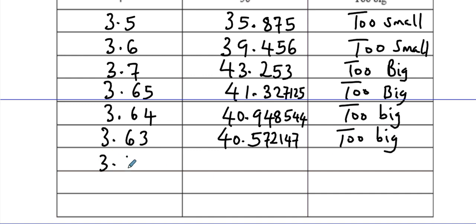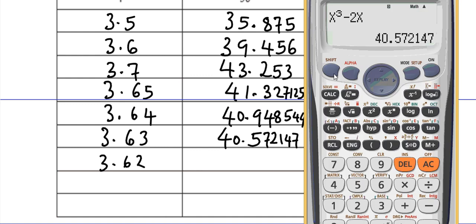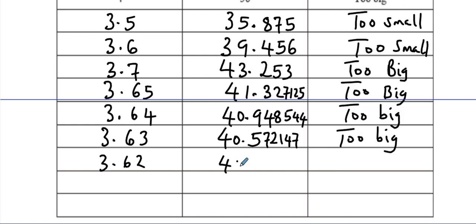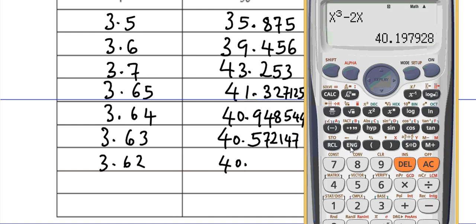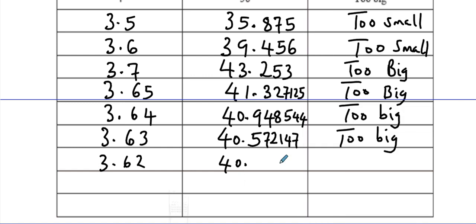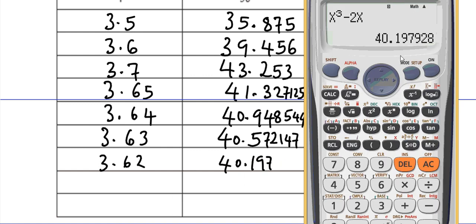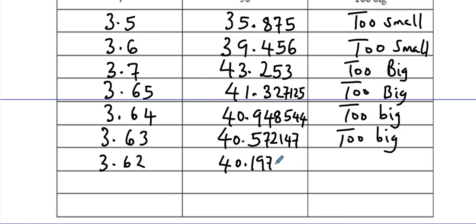Try 3.62. We are still getting the number which is higher than that, 40.197928. Still, this is too big.